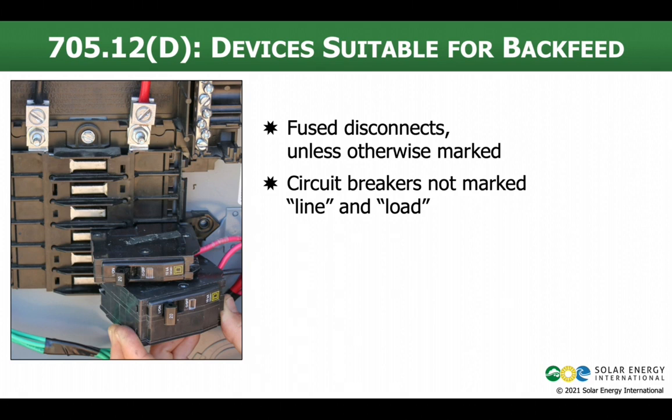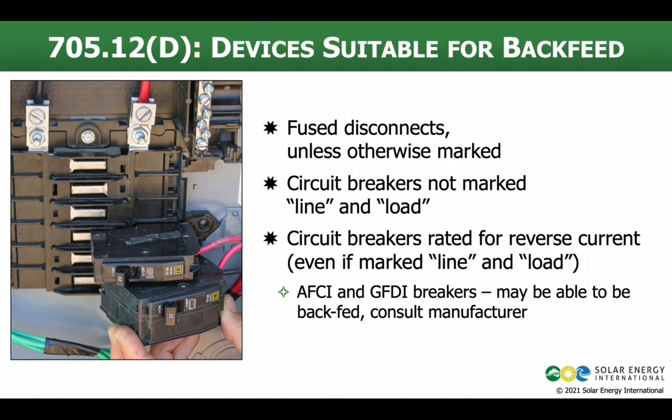If they are, they're not okay for backfeeding, unless, right? So we could have circuit breakers that are rated, tested, and listed for reverse current, even if they're marked line and load. Once again, you're going to hear this over and over. You've got to talk to the manufacturer. If you've got an overcurrent protection device in the form of a breaker that says line and load on it, talk to the manufacturer.